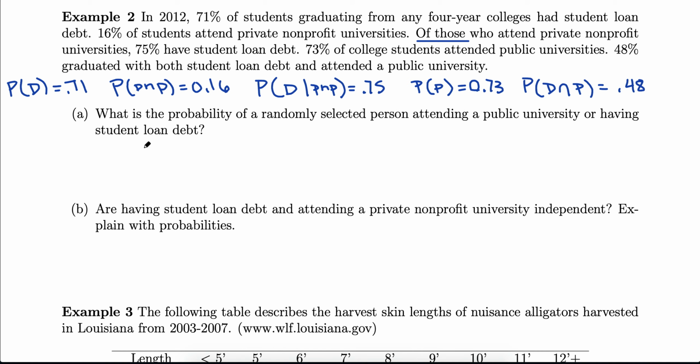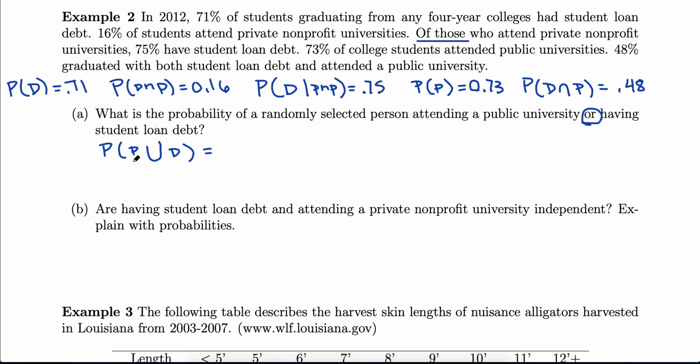All right, so part A, what's the probability a randomly selected person attends a public university or has student loan debt? So probability of public or student loan debt. We need to start getting good at converting the question into our probability notation.